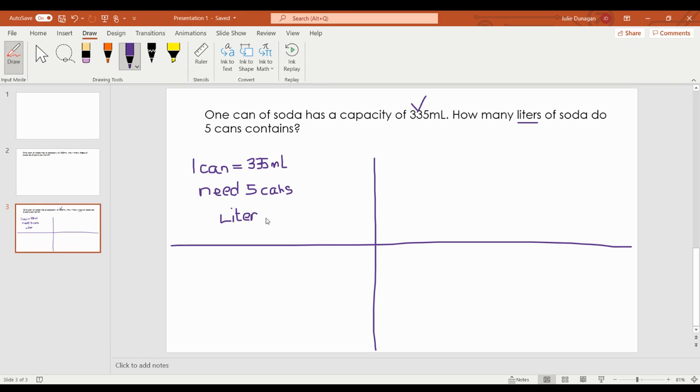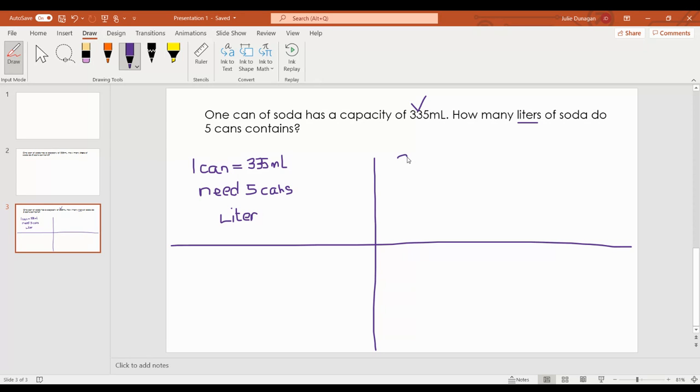And because I will have a group of 5 cans, that group tells me that I am going to be multiplying. Okay, so now we're going to write our equation.